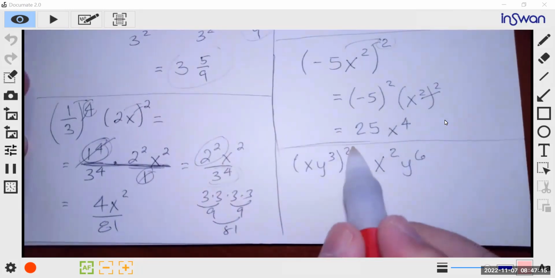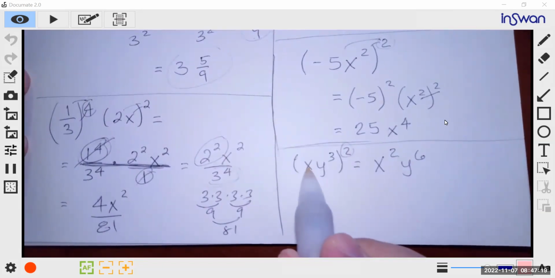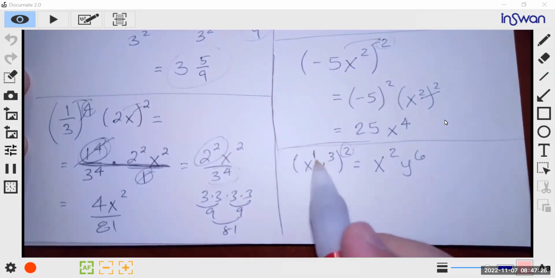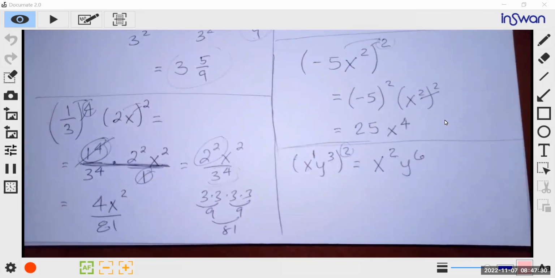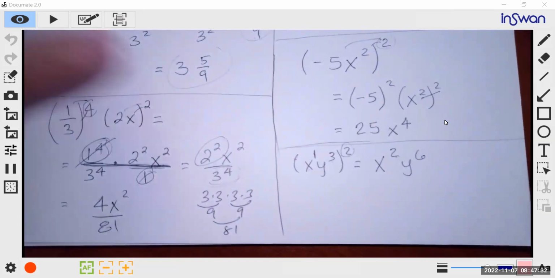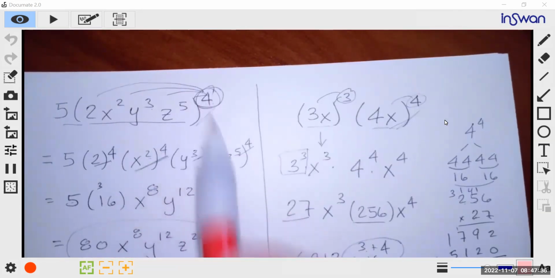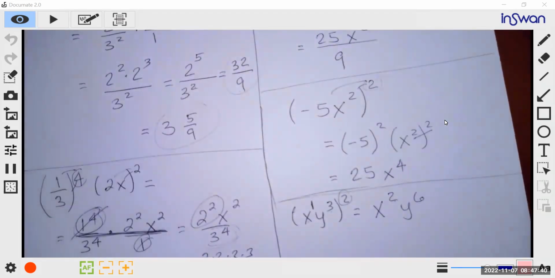Because the rule here is whenever you have a power to a power, what's the power of this one? It's a 1. 1 times 2 is 2. 3 times 2 is 6. 3 times 4 is 12. 5 times 4 is 20. So whenever you have a power to a power, you multiply them.